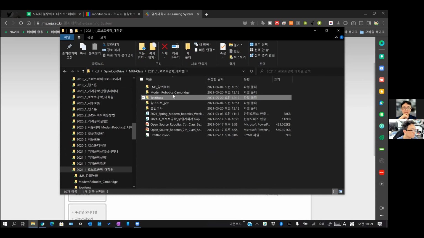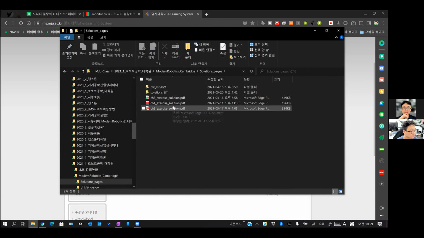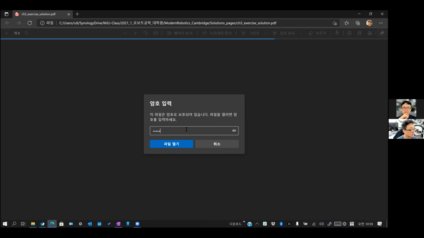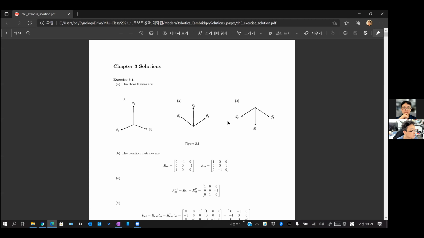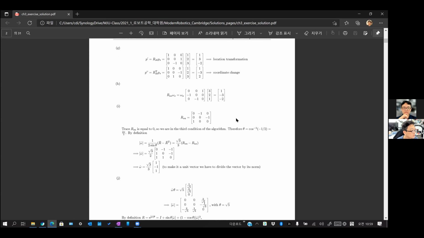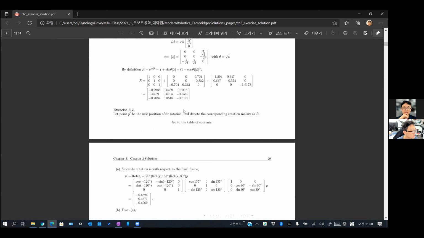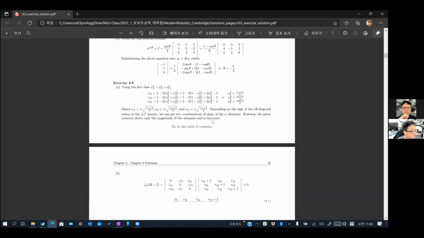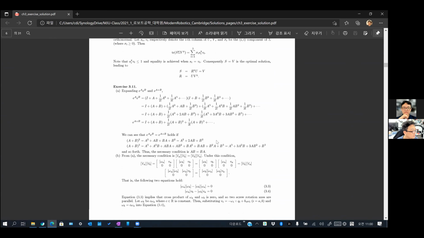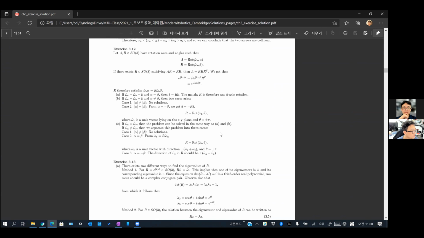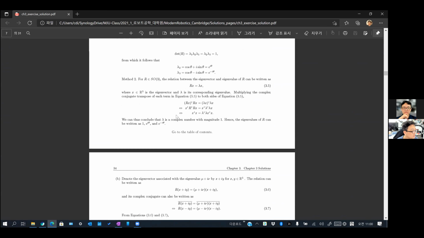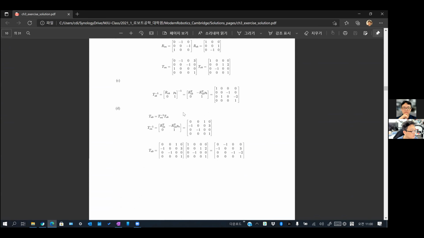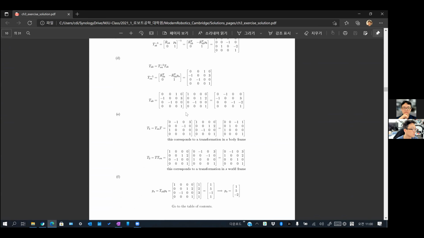So let me review a little bit. In chapter 3, we dealt with the rotation matrix and exponential coordinates, the large SO(3) and small so(3), and the homogeneous transformation matrix.